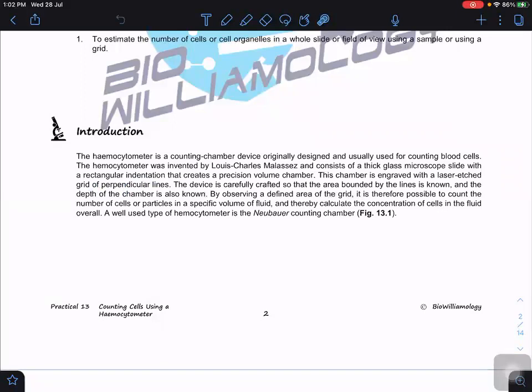This design is carefully crafted so that the area bounded by the lines is known and the depth of the chamber is known as well. So by observing a defined area of the grid, it's possible to count the number of cells or particles in a specific volume of fluid, and therefore calculate the concentration of the cells in the fluid overall.